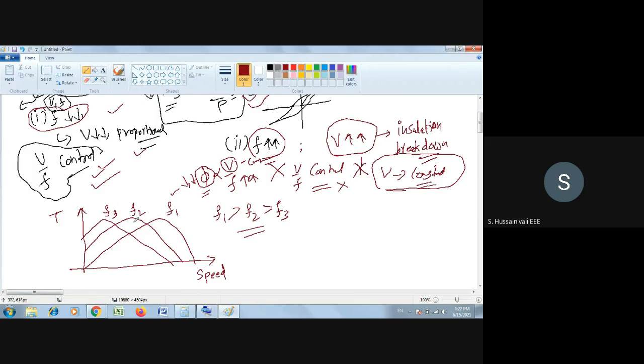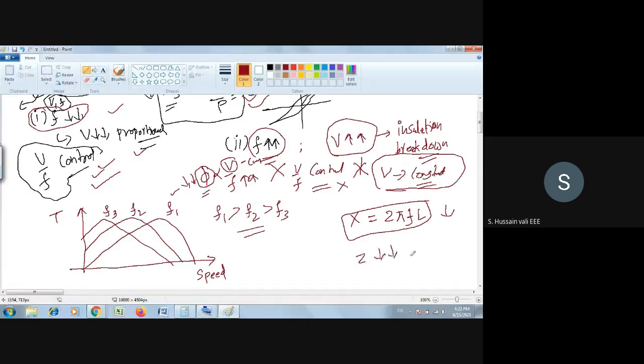So when you decrease the frequency, the reactance X is 2 pi FL. I hope you know this. Your reactance will decrease because it is proportional to the frequency. So when the reactance decreases, impedance Z decreases.